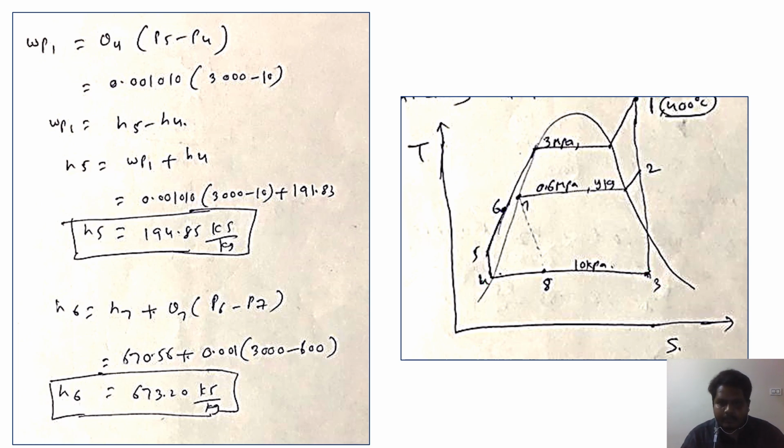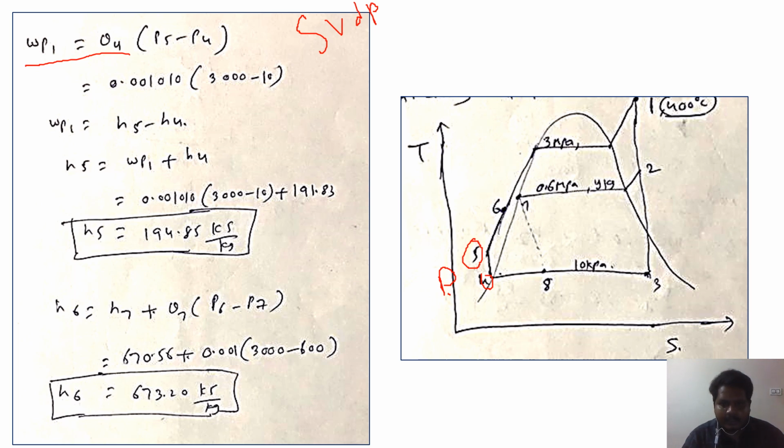We know that here the process 4 to 5 is the isentropic compression process in the pump. So we can write work input to the pump equals integral v dP. So v4, that is specific volume at point 4, into change in pressure, P5 minus P4.